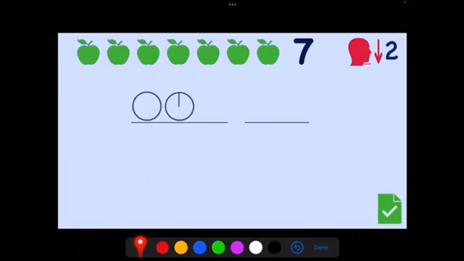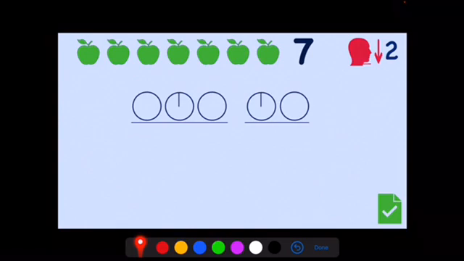S, E, V, N, E, N. Now when we write the first syllable, sev, we don't need to add an E, even though it ends in V, because we are writing a syllable, not the very end of a word.